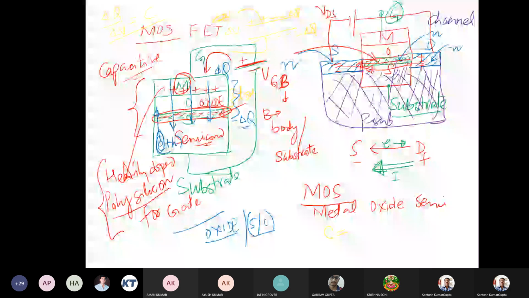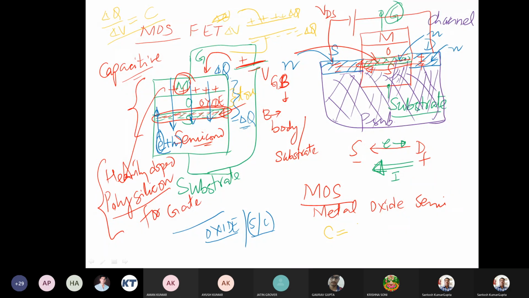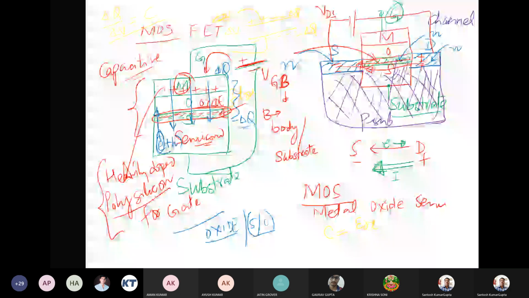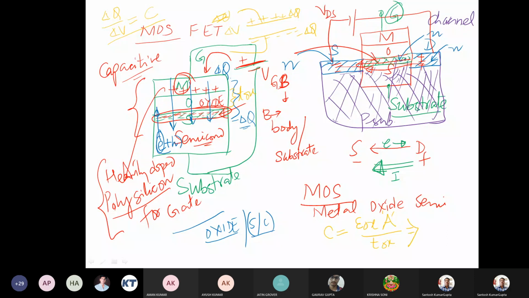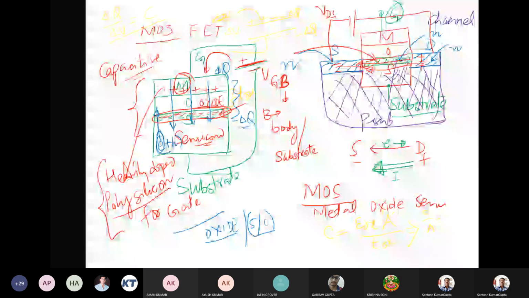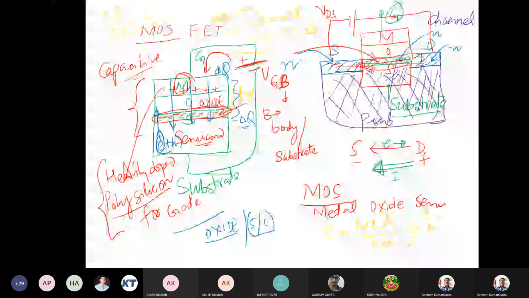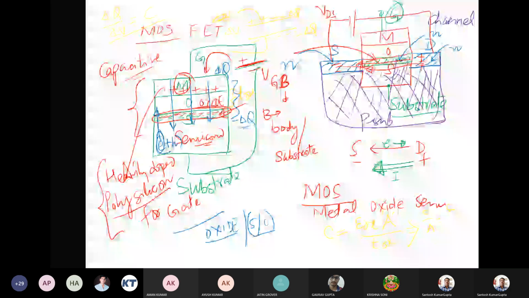The capacitance value can be given as epsilon oxide multiplied by the area of this plate divided by T ox. We can also define C by A, the capacitance per unit area, to be given by epsilon ox upon T ox.